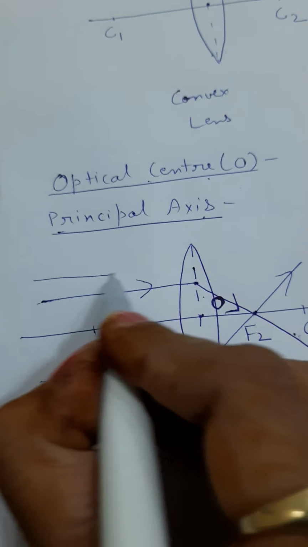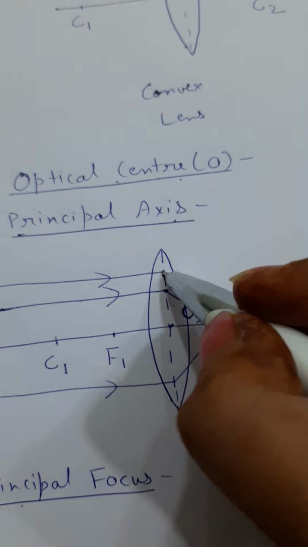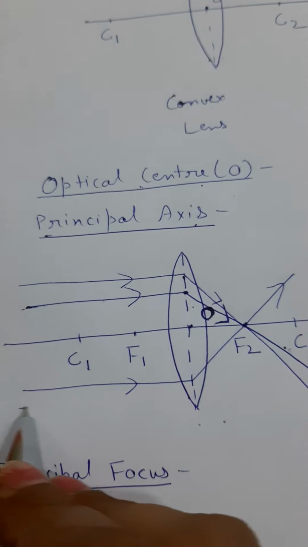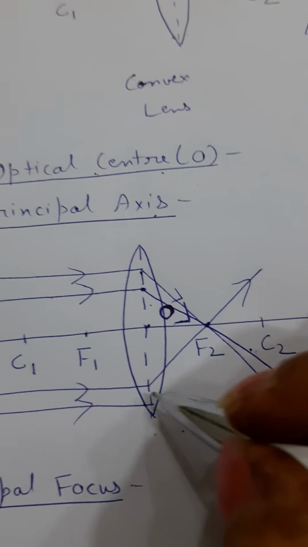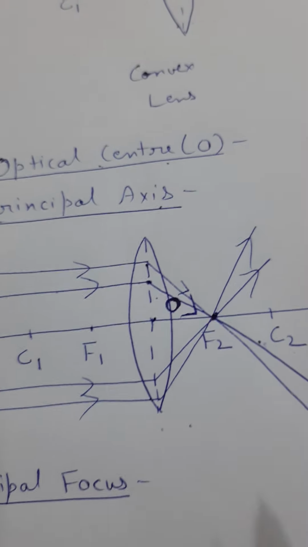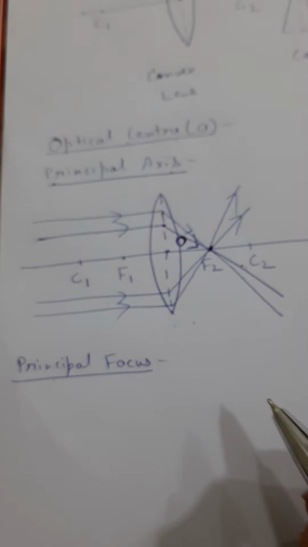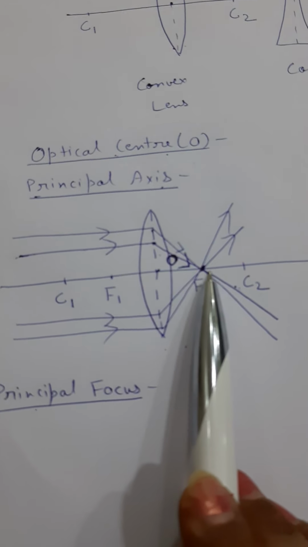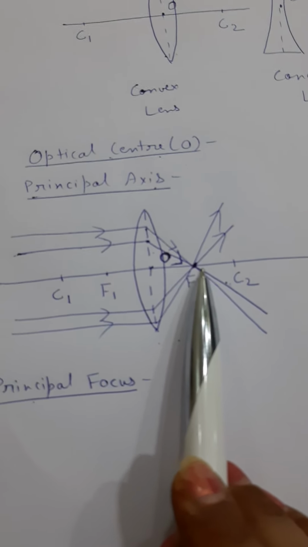You can draw two more rays, this is incident, this is refracted, this is incident, and this is refracted. So this is called the principal focus of a convex lens. In a convex lens the principal focus is on the right side, you take care.